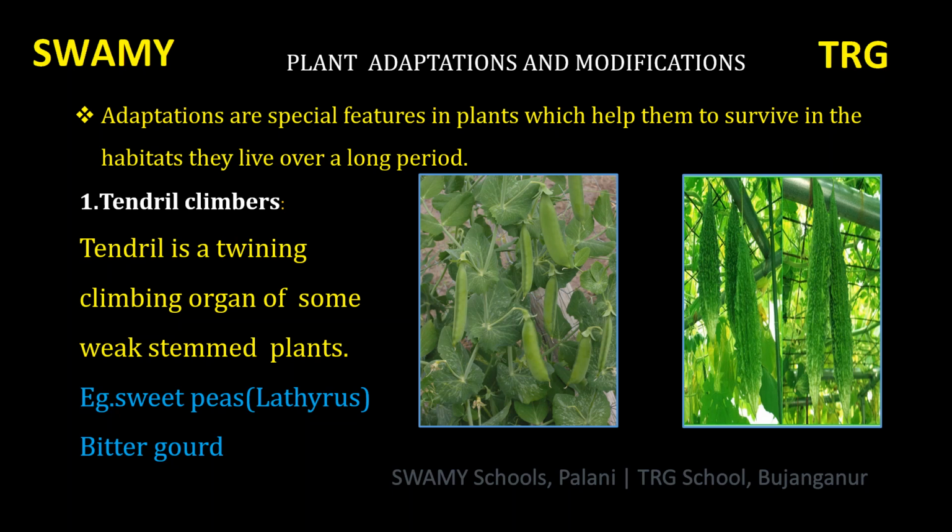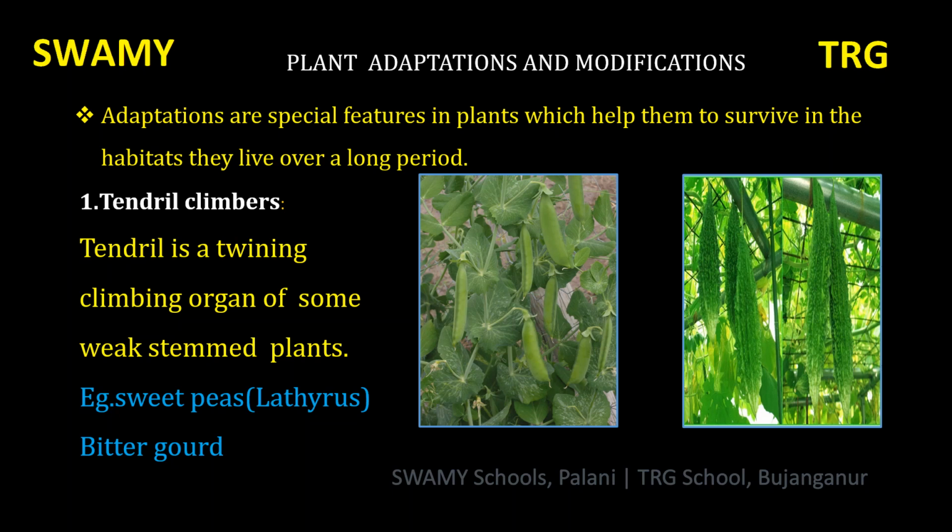First, we are going to see about tendril climber. In Tamil, pinnu kodi. Tendril is a twining climbing organ of some weak-stemmed plants like peas and bitter gourd. Tendril coils around a support and helps the plant to climb.